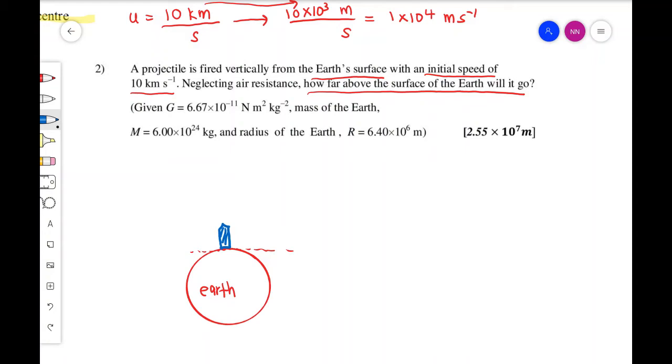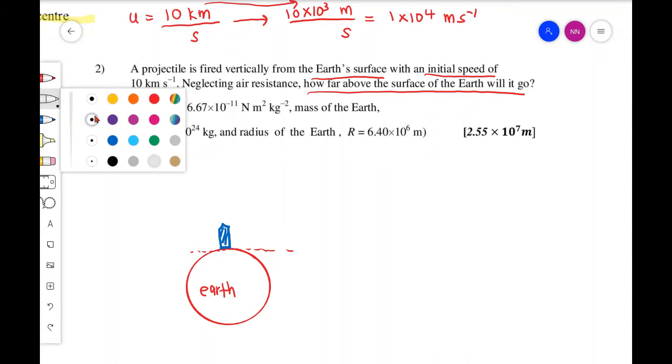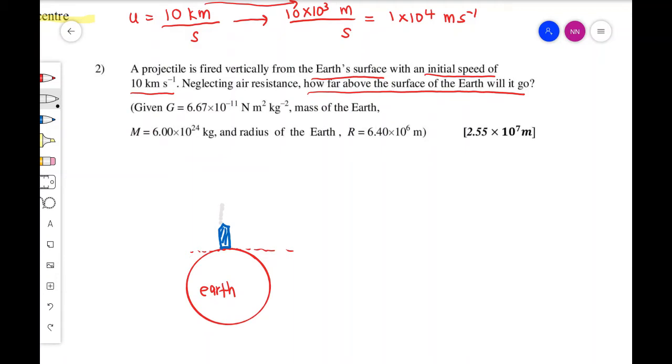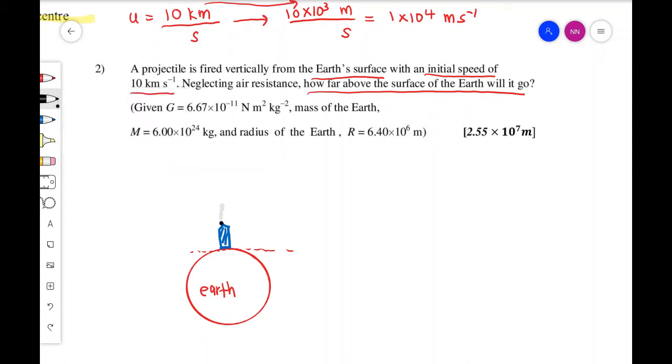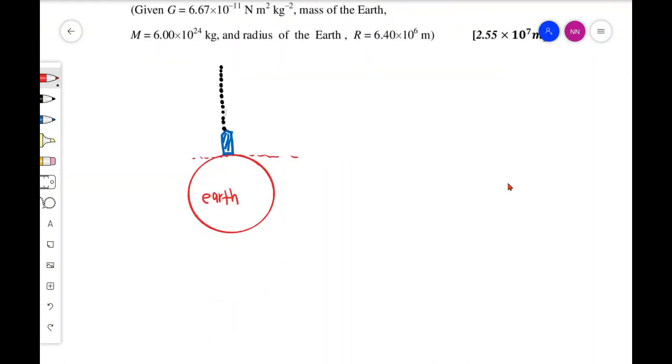So kita nak cari sampai mana projectile ni boleh pergi. Maybe yang dekat sini final position dia, di sini initial position dekat Earth surface. So kita kena cari final position dia pergi ke mana.